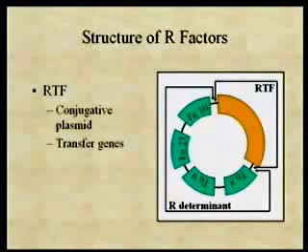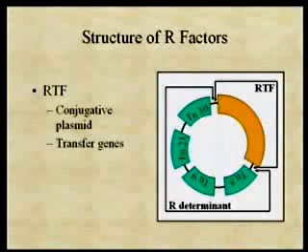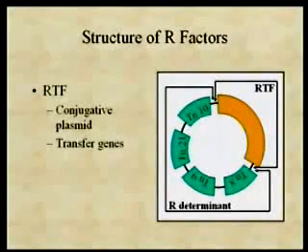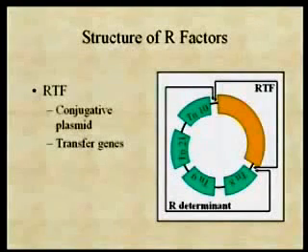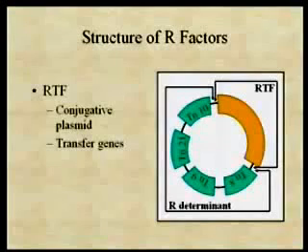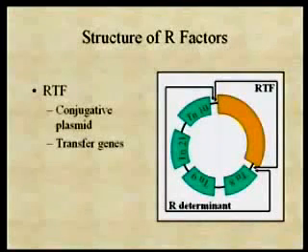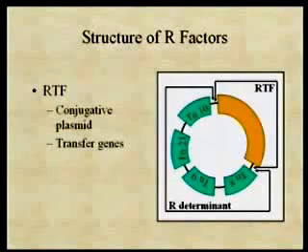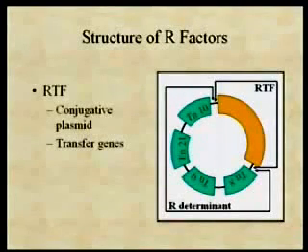In these R plasmids, or R factors, many of the resistance markers are actually carried by transposons. The reason these things are such a problem is because they're always changing, and the reason they're always changing is because these resistance markers are on transposons. So what happens? You have a patient that comes in with a bacterial infection, and you find out that those bacteria are resistant to the aminoglycosides and to tetracycline.